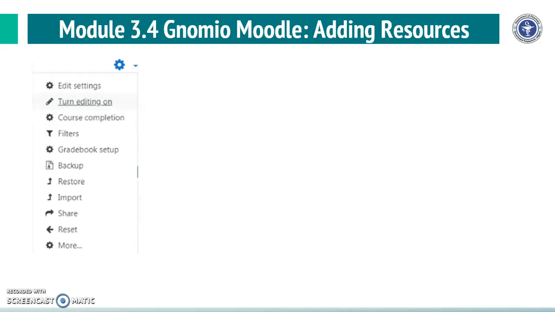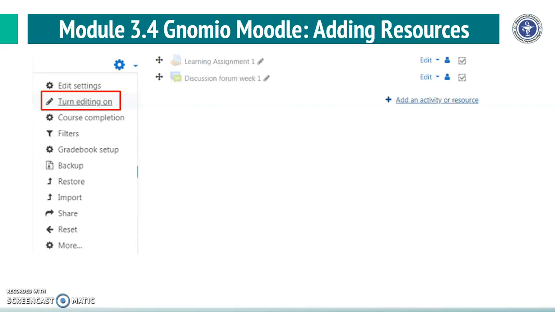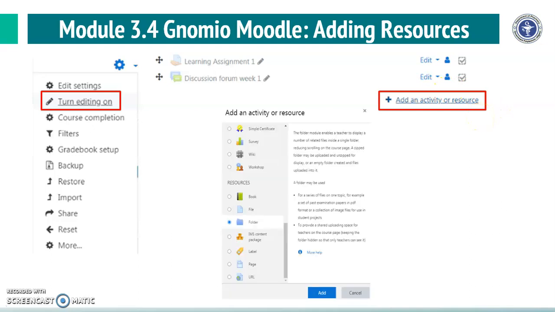So for this, we have seen that if you go into a gear icon and set the turn editing on, you will find that at the down part, you will find add an activity or resource, which you can click, and then you can add so many resources which are available, like that of book, file, folder, label, page, URL, etc.